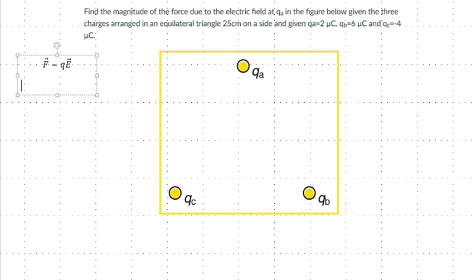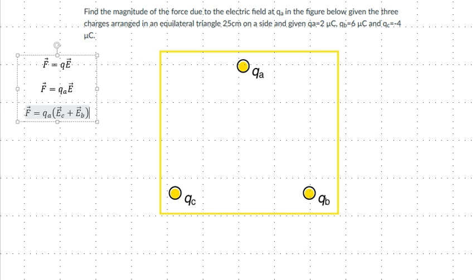So in this instance, F is going to be QA times whatever the electric field is due to the other pieces. And the electric field in this case is going to be E due to C plus E due to B.